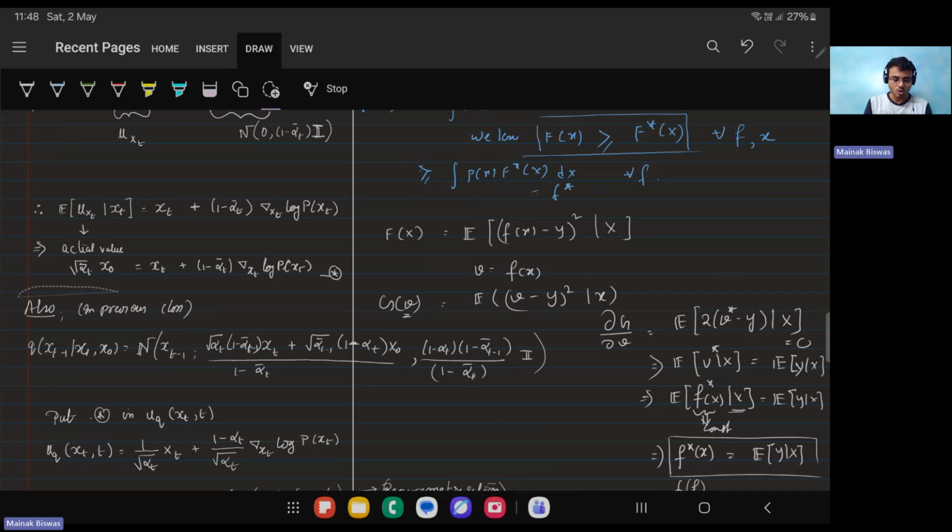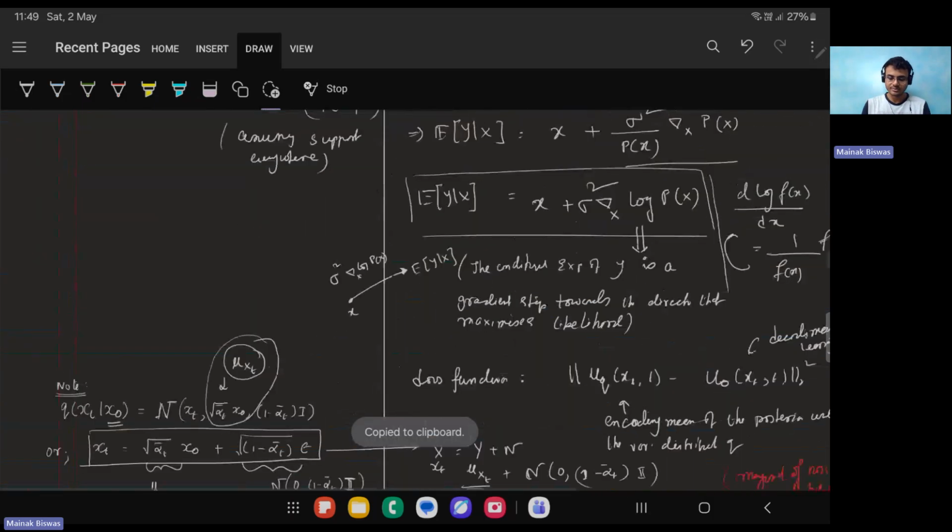In the previous class, we showed that the q of xt minus 1 given xt and x0 is given by this complicated distribution, which we found the variance for, and I told you to do the algebra for the mean. Okay, so let us copy this and I'll just put it over here.